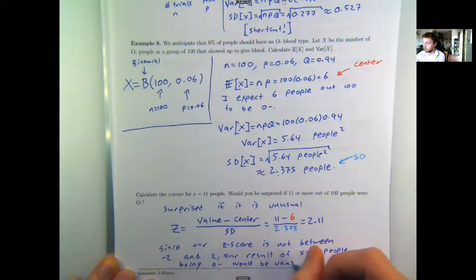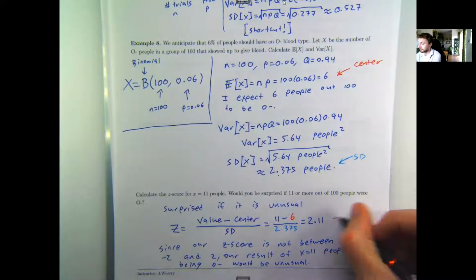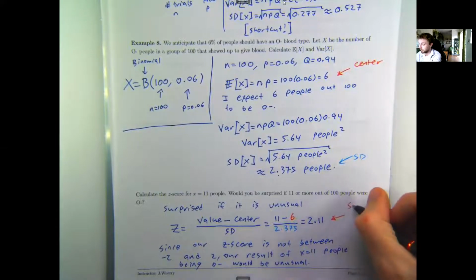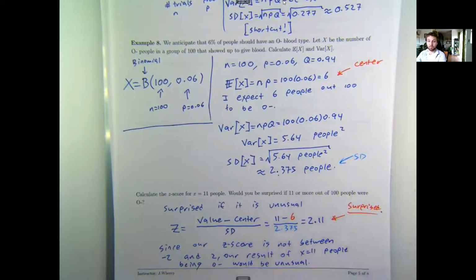It is more than 2 standard deviations away. And if the thing is unusual, if I was hoping to see this and it actually happened, I should be delighted because I'm surprised by something that's unusual.